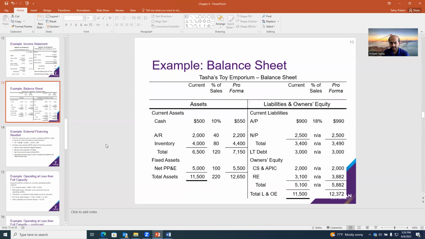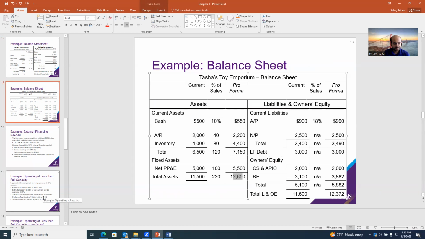On this basis, this fixed asset value should not change. It should be 5,000 for next year because we don't need any additional investment in fixed assets.